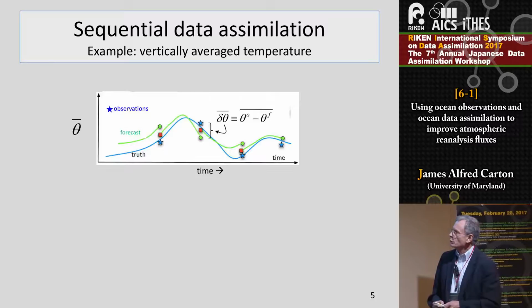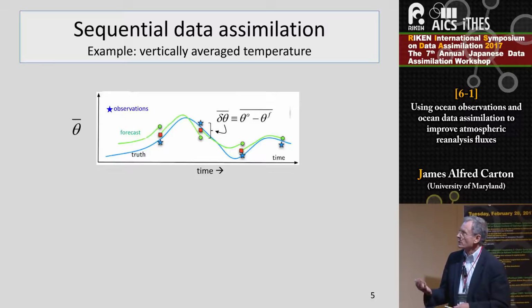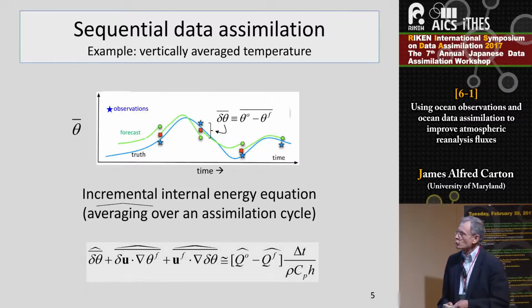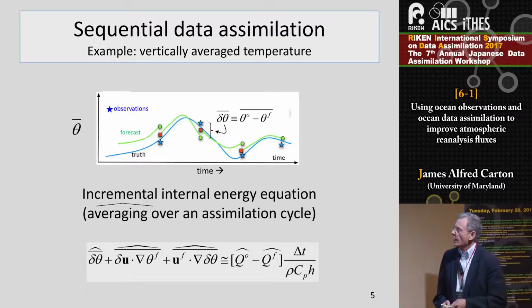Okay, so increments, the differences between the observations and the forecast. Again, I'm going to show you increments vertically averaged, or vertically integrated. In the same way that we can form internal energy equations for the atmosphere and the ocean, it's easy enough to form an incremental energy equation.